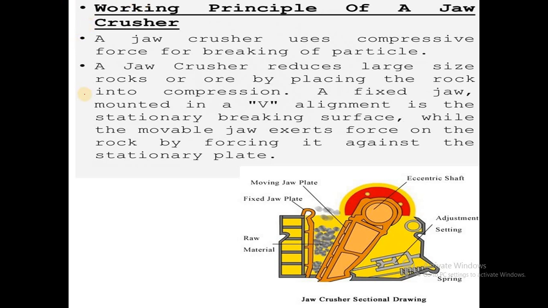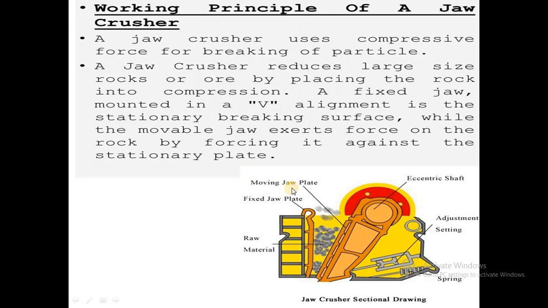Working principle of a jaw crusher. This is the diagram of the jaw crusher. In this diagram, there is a V-shaped arrangement. One is a fixed jaw plate and another one is a movable jaw plate.